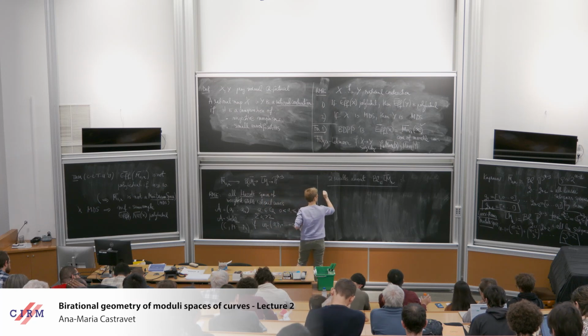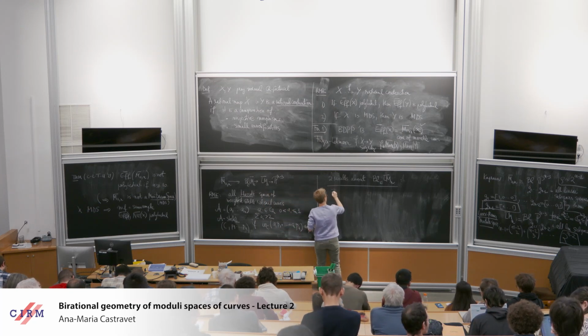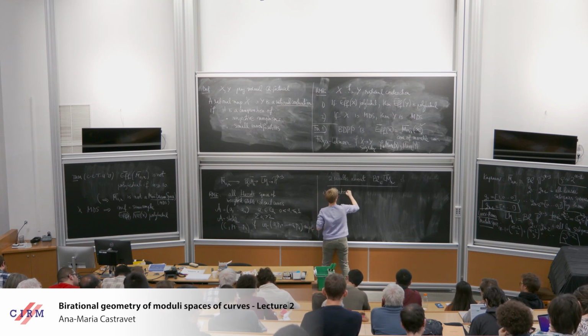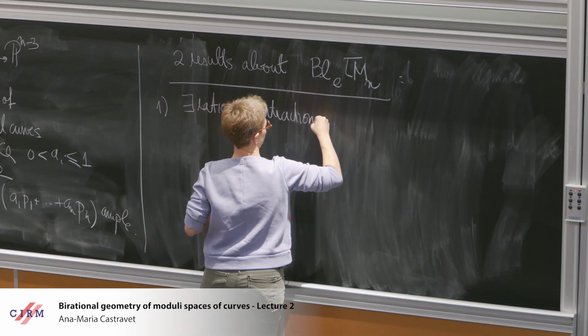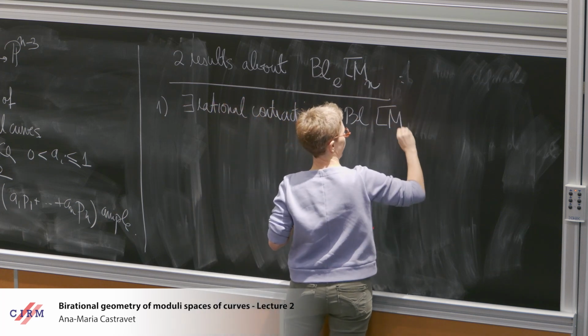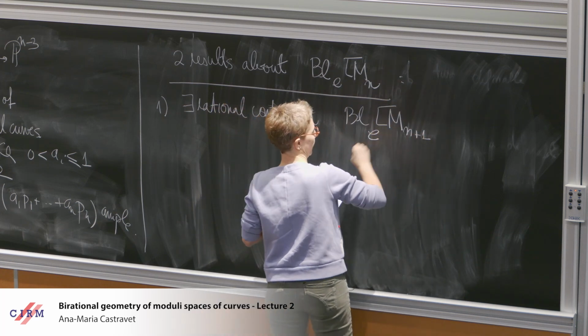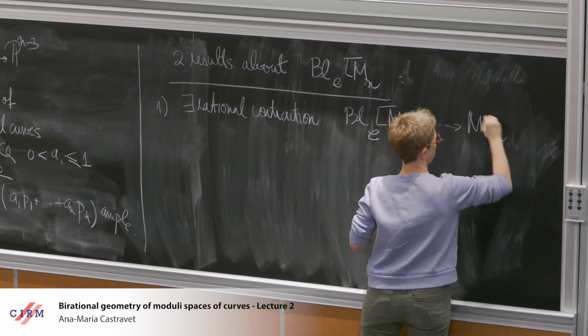So one is that there is a rational contraction from a Losev-Manin space of dimension 1 higher, blown up at the identity point, towards M0n.